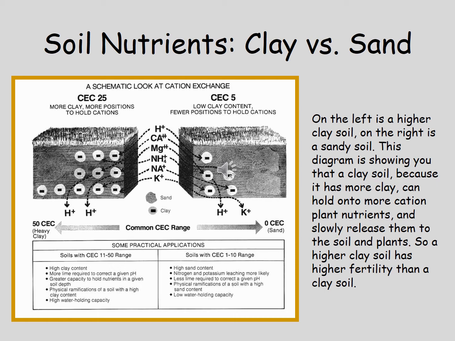So you've got lots of ability of that soil to hold on to those and then release them to the plant. And on the right, you've got a soil with high sand content, which does not have nearly as much clay and nearly as many negative charges on the particles in itself, so it can't hold on to as many plant nutrients, thus it can't release them.